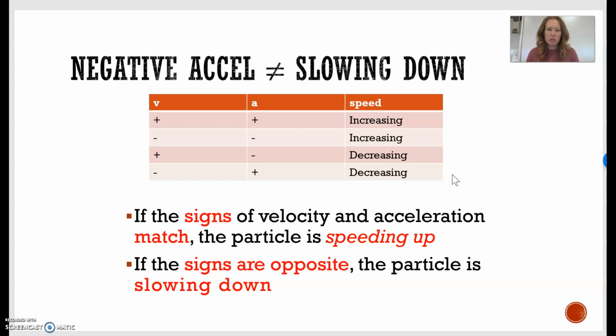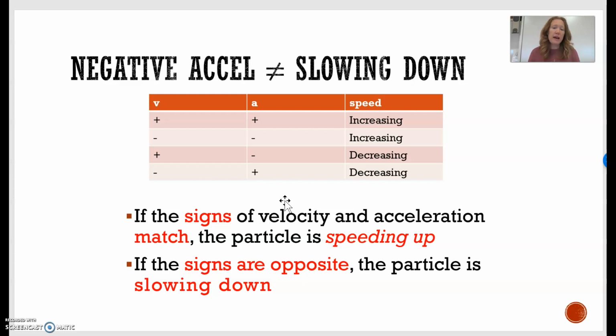What I want you to think of is this table: anytime the two signs of velocity and acceleration match each other, that means the thing is speeding up. Whenever the two signs of velocity and acceleration are a mismatch, or are opposites, then the thing is slowing down.